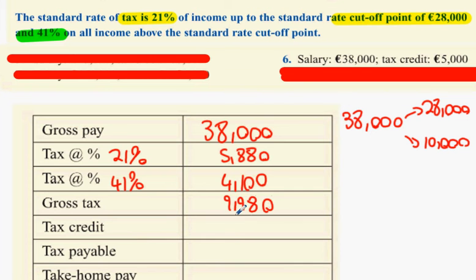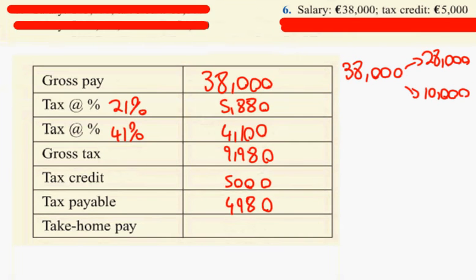Now tax credit. How much of that 9,980 are we not going to pay? 5,000. How much tax are we actually going to pay then? 4,980.